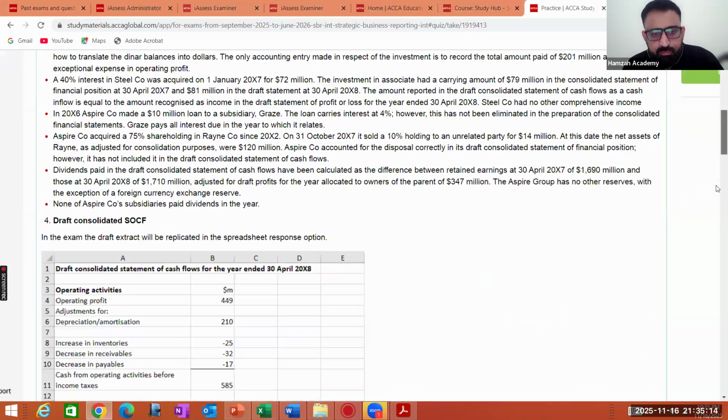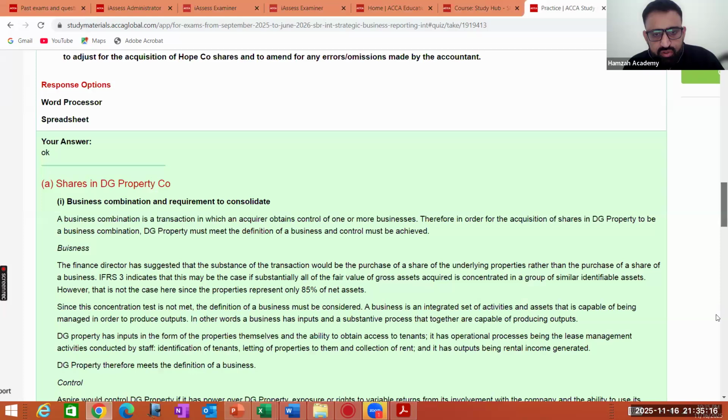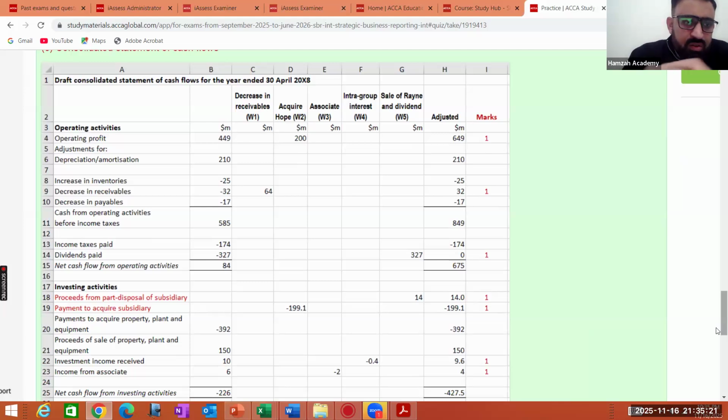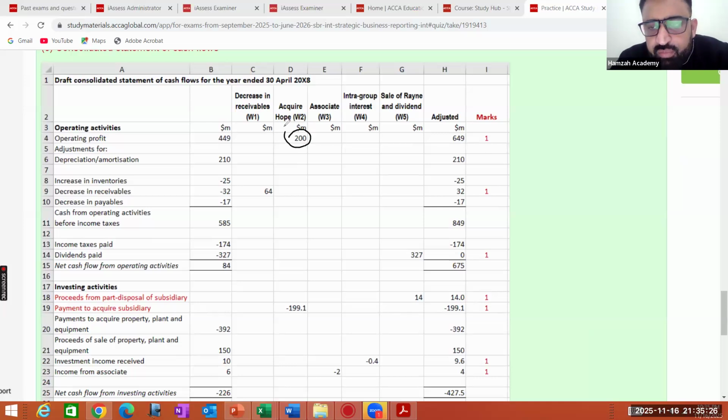So look at here. Let me show you. Look, they have added the 200 back in operating profit. Now, above it was mentioned 201. They have treated 201 as an expense. Now, in an individual financial statement, this 201 is an investment category. But dear student, in 201, 200 is the investment and 1 is the transaction cost. Now, in a group account, transaction cost should be treated as an expense.